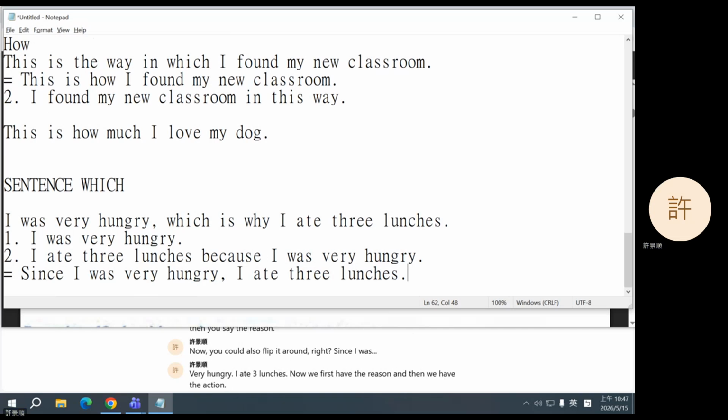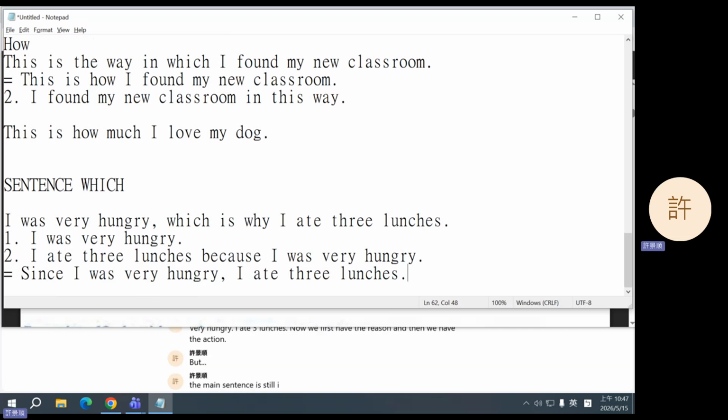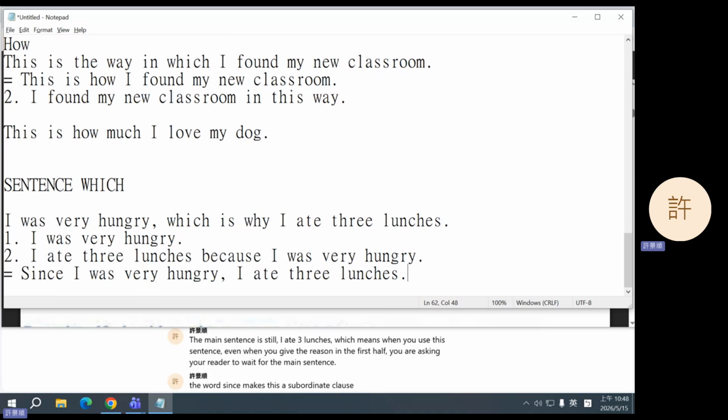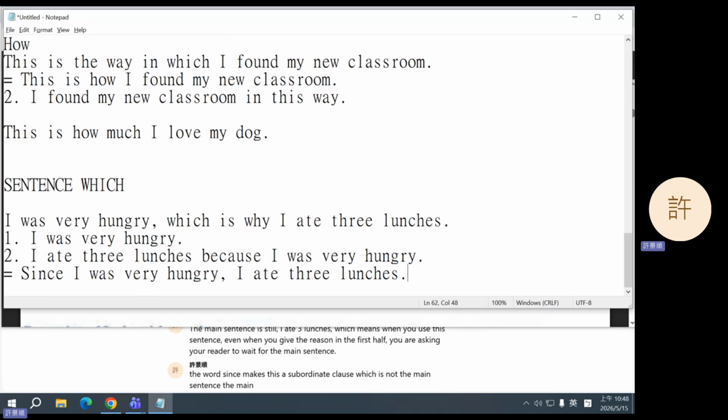But the main sentence is still "I ate 3 lunches," which means when you use this sentence, even when you give the reason in the first half, you are asking your reader to wait for the main sentence. The word "since" makes this a subordinate clause, which is not the main sentence. The main sentence begins with "I."